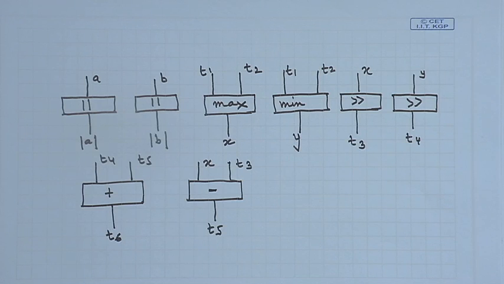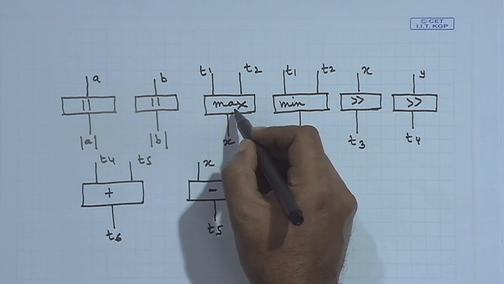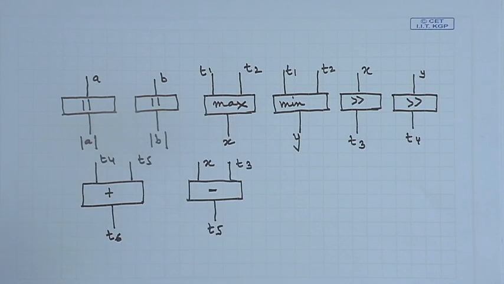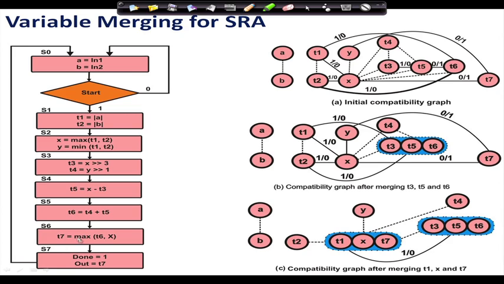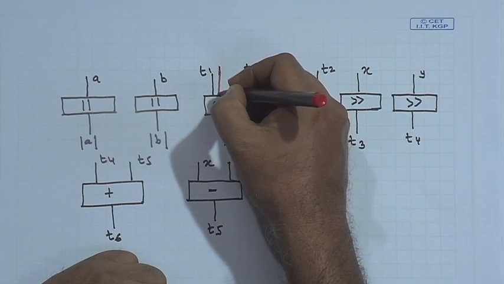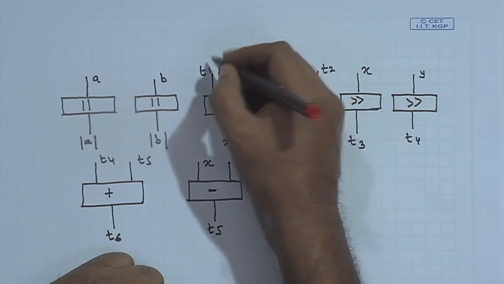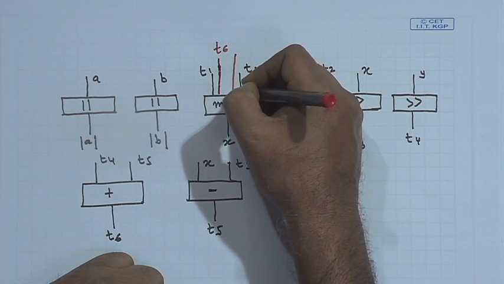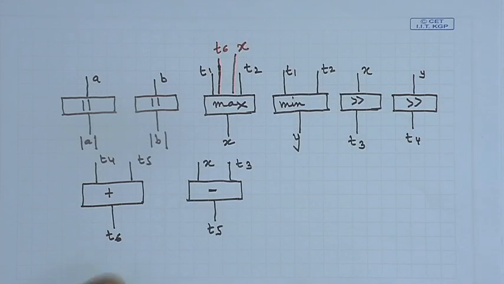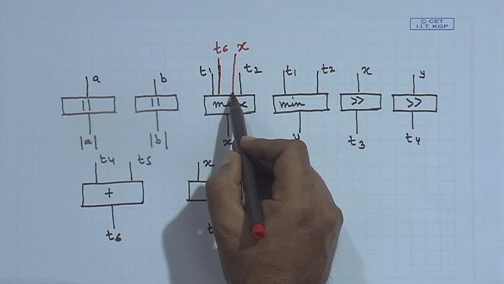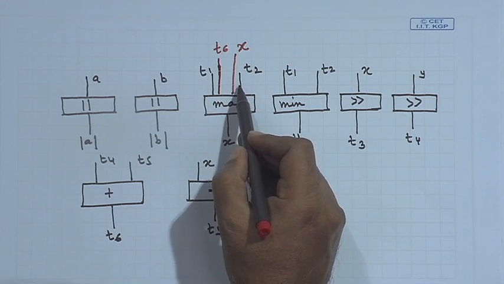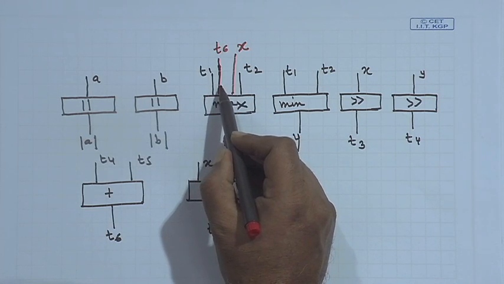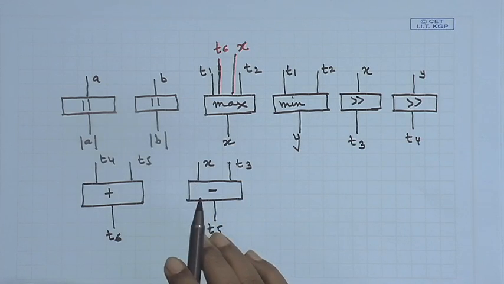So, I come back to this max. Now, at this max again the inputs are T6 and x. Therefore, you see T2 and x, T1 and T6 are using the same resource here.